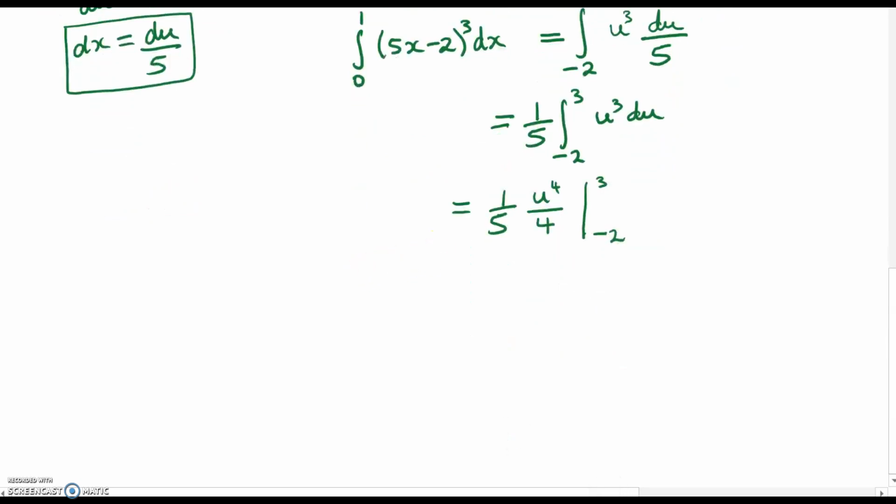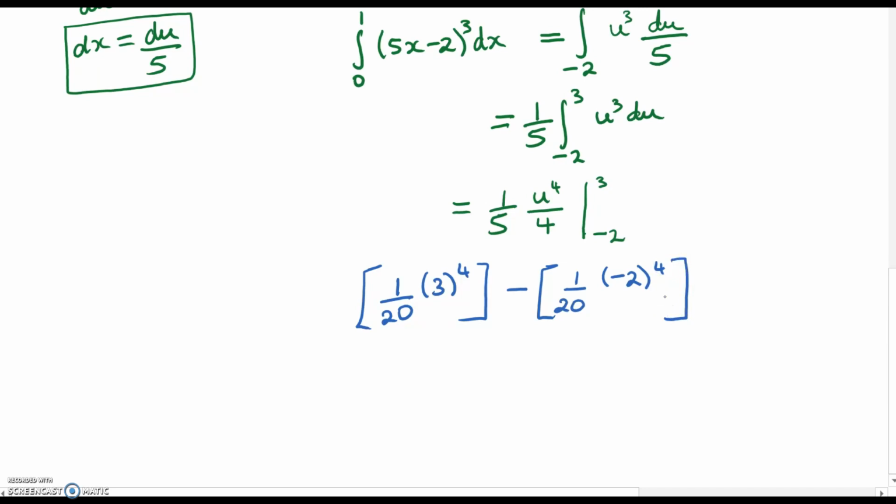Okay, and that's going to be 1/20th, since 5 times 4 is 20, of 3 to the power of 4, minus 1/20th of negative 2 to the power of 4.